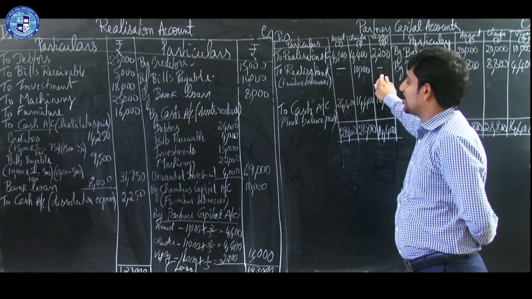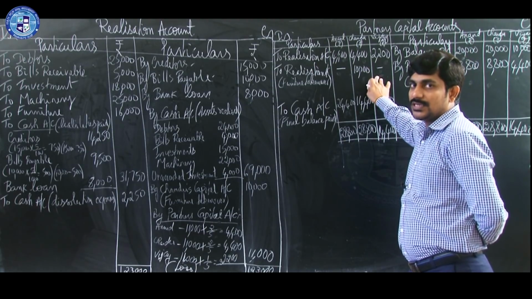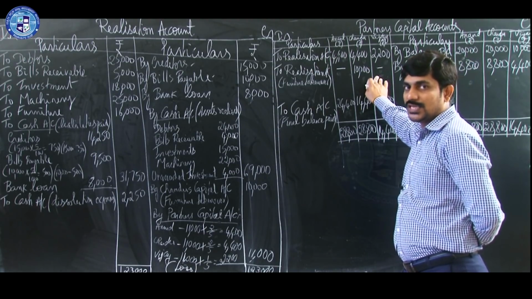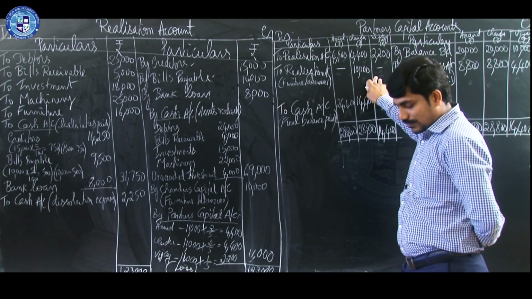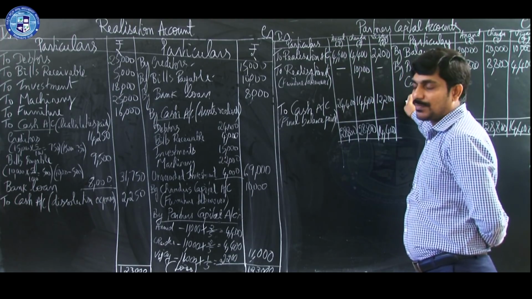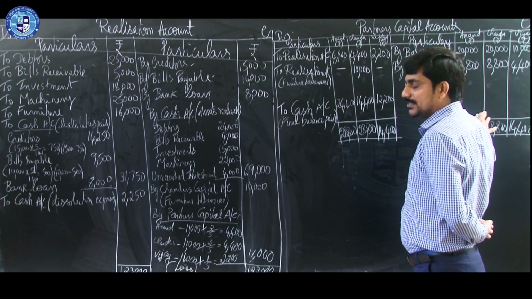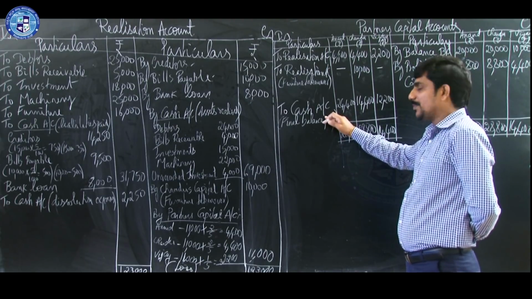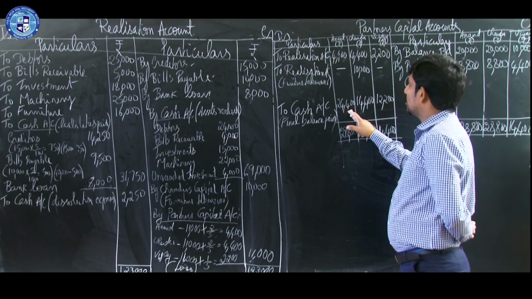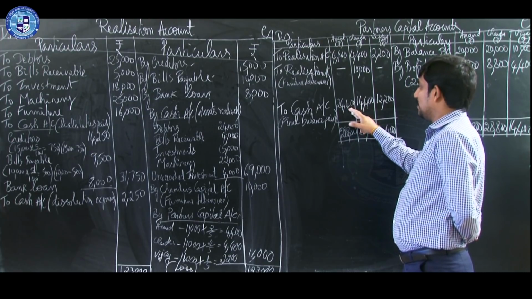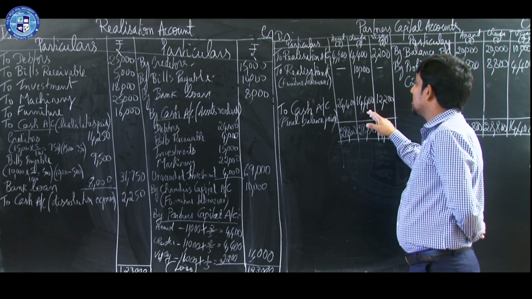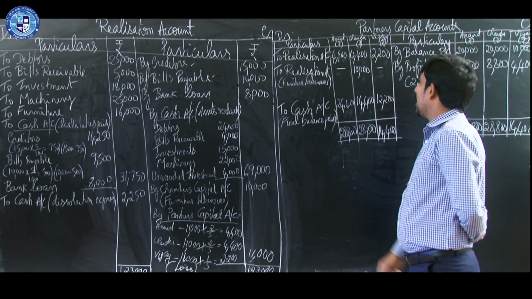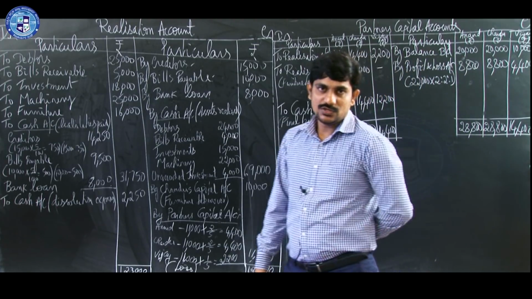Paying money means what? If the partner's capital account shows a credit balance. Receiving money is when the partner's account shows a debit balance, that is a deficit balance. Now in this problem, all three partners' accounts show a credit balance, credit side is more. So the firm has to pay money to the partners. Anand will receive 24,400, Chandu will receive 14,400 and Vijay will receive 12,200.